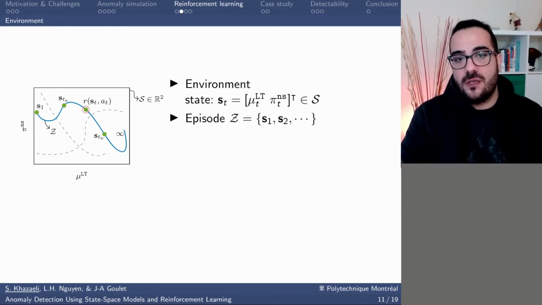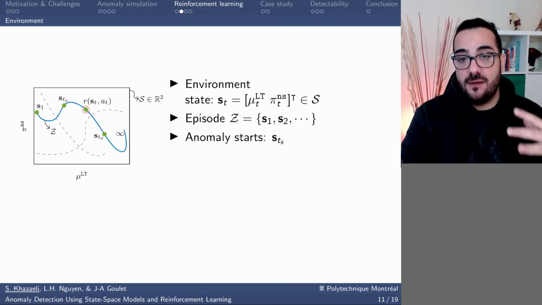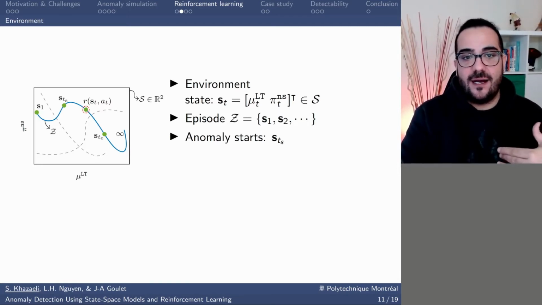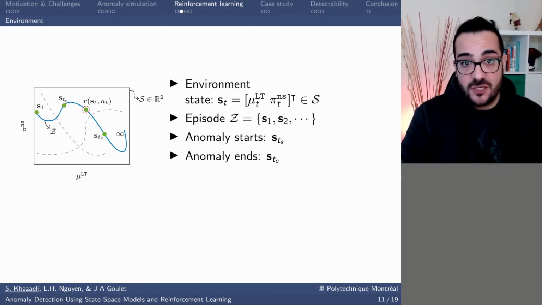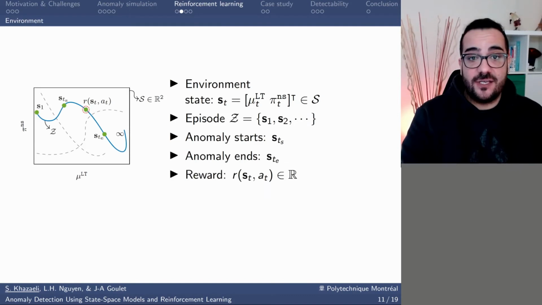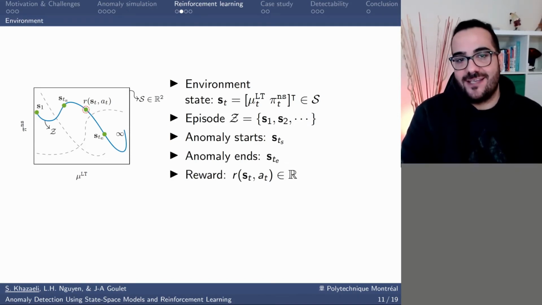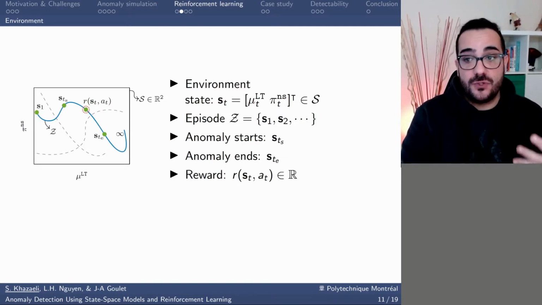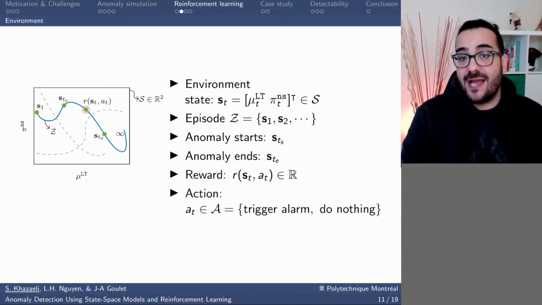For each episode, the anomaly starts at time t_s and it ends at time t_e. The reward is a function of the state and the action that the agent can take. It is a scalar value indicating whether the action was good or not. I will talk about this reward in a moment. And as I mentioned before, the action can be trigger an alarm or do nothing.